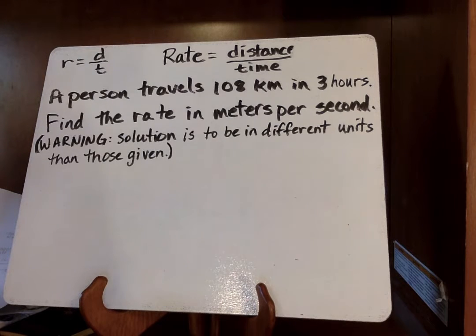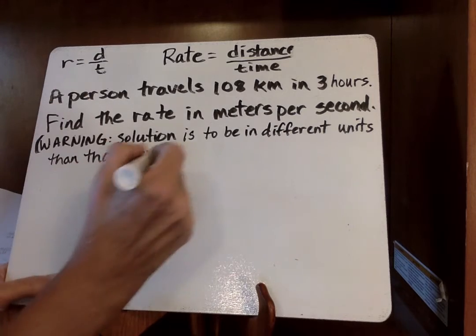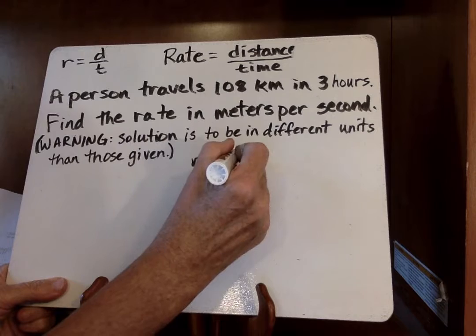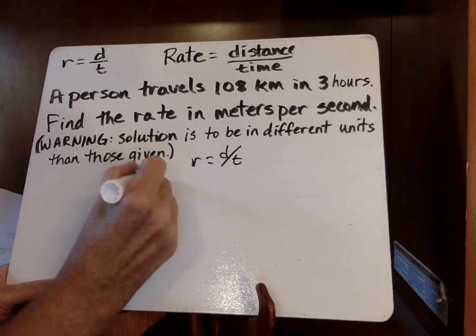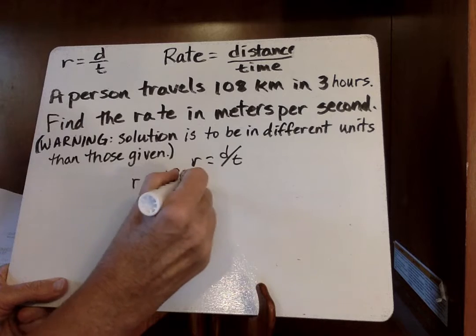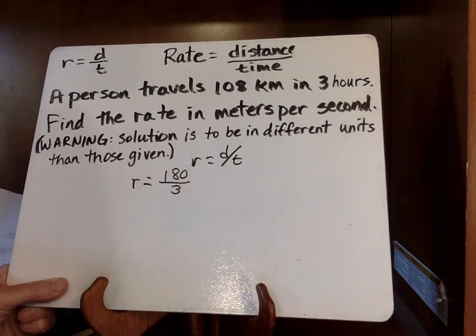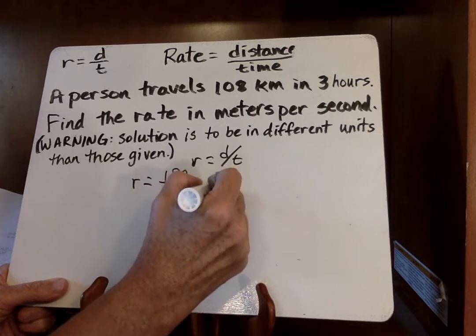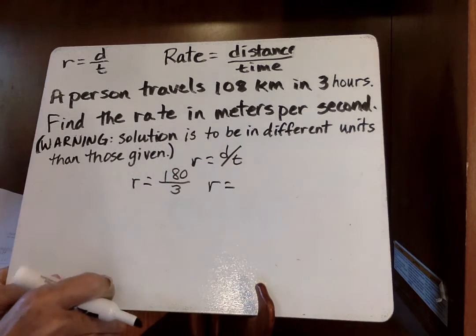First we want to say, rate equals distance divided by time. So the rate equals, the distance is 108 kilometers in 3 hours. So we can say the rate is 108 divided by 3.